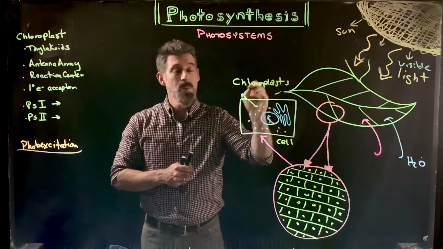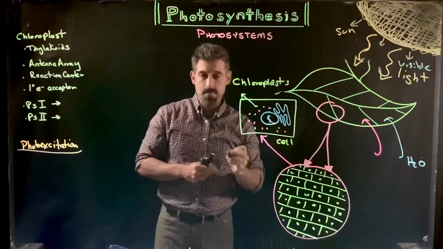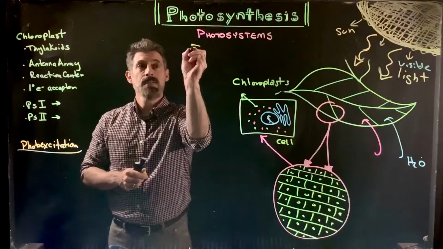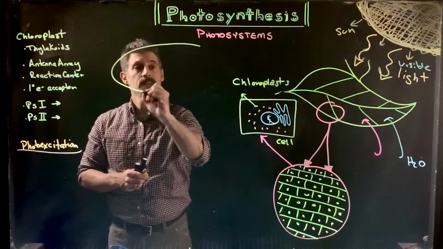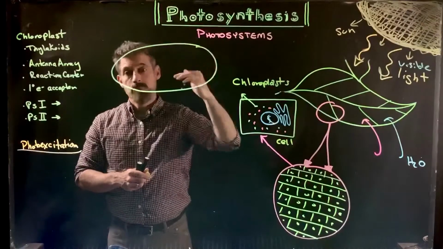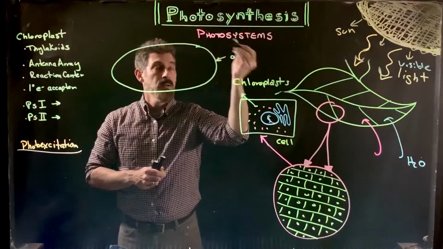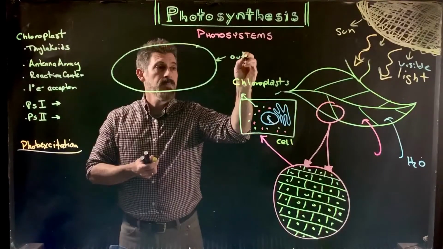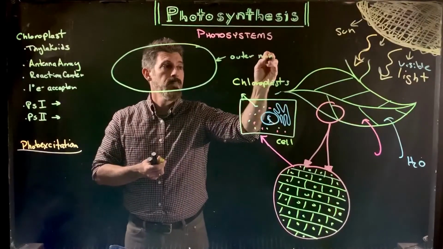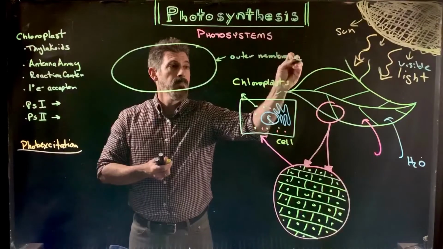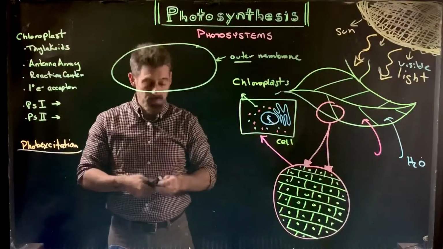It just depends on the cell how many they may have. A chloroplast itself is going to contain its own membrane, and that membrane is just referred to as the outer membrane. Okay, so we have an outer membrane.